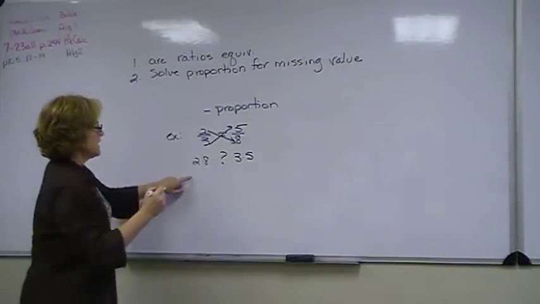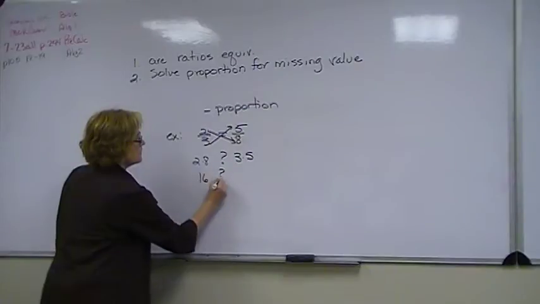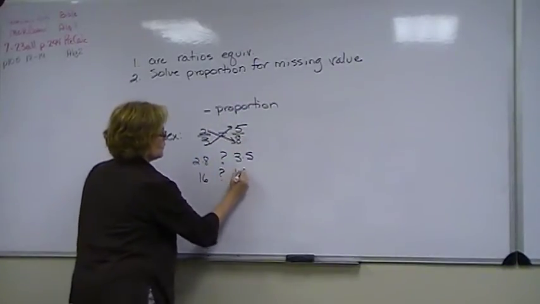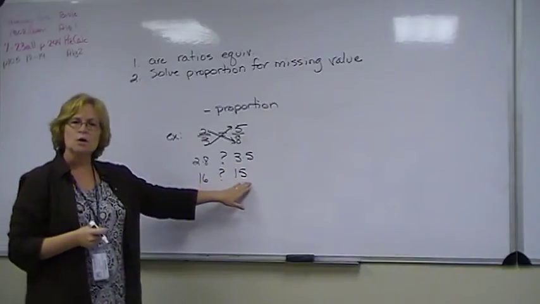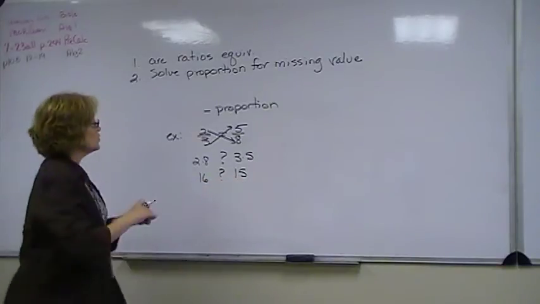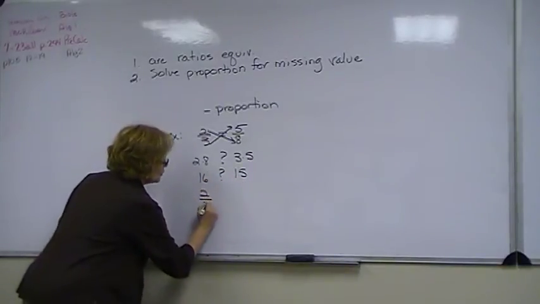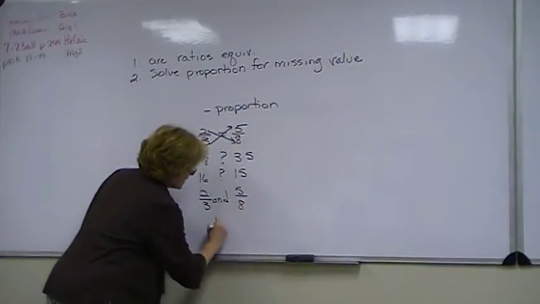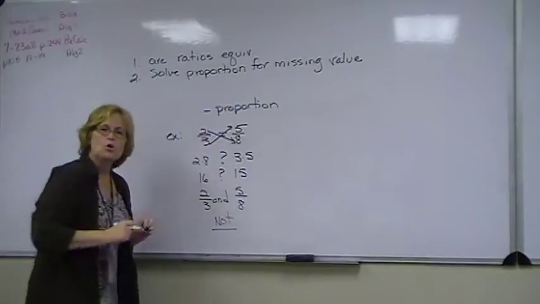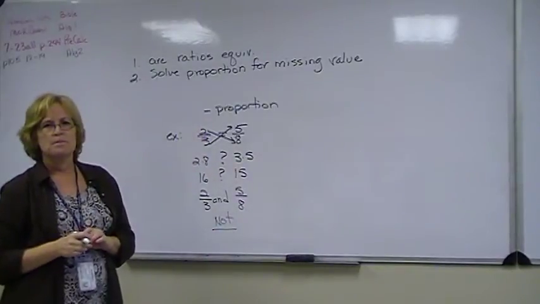So 2 times 8 is 16, and 3 times 5 is 15. Are those two products equal? They are not. So therefore, 2/3 and 5/8 are not equivalent ratios.